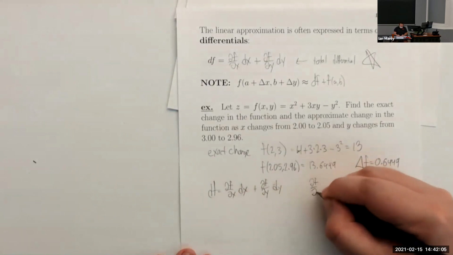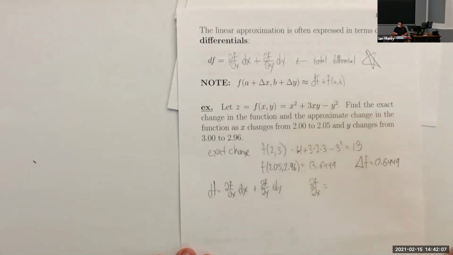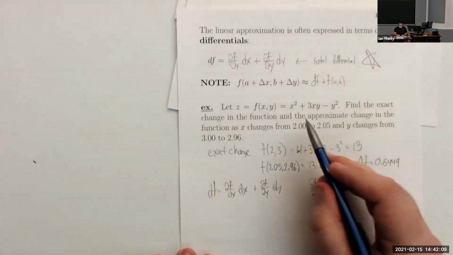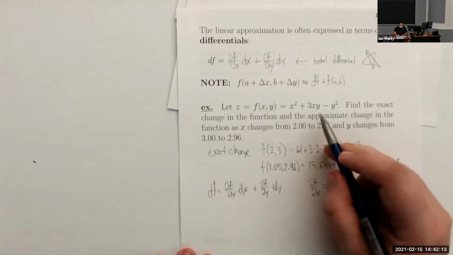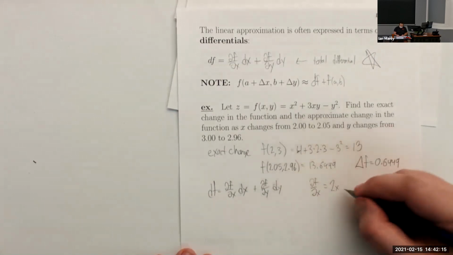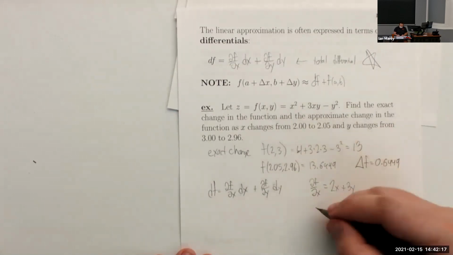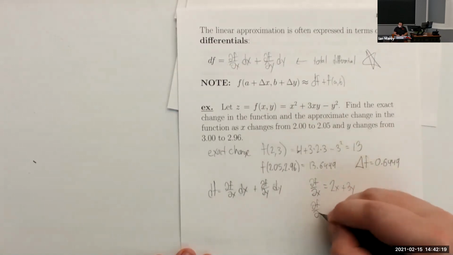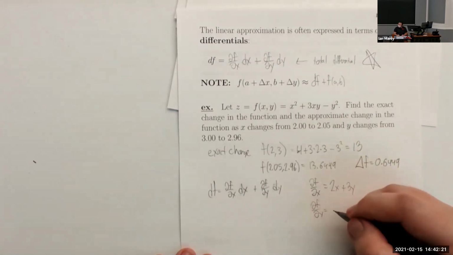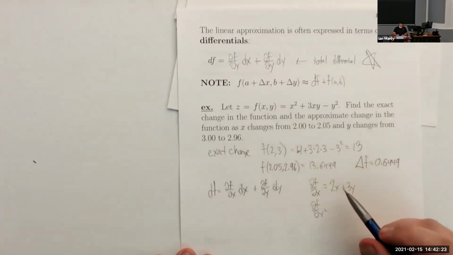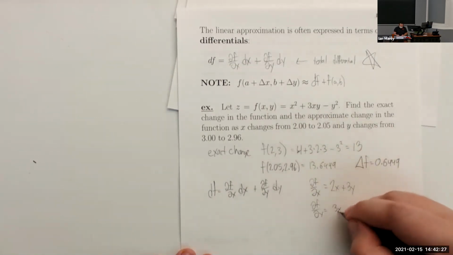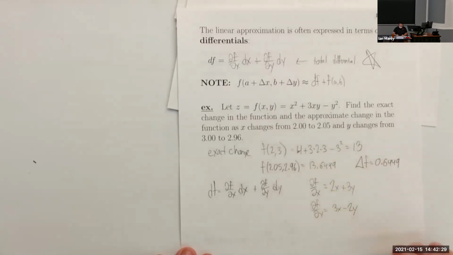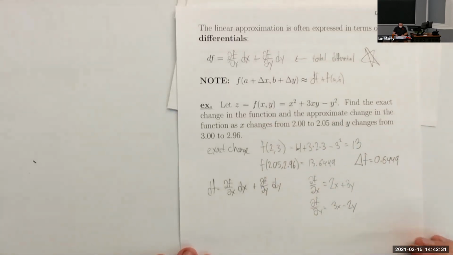Thankfully, this is just a polynomial here, so it's not too bad. So we have 2x, and then 3 and y are the constants, so we have plus 3y. Then partial f, partial y is going to be 3x minus 2y.